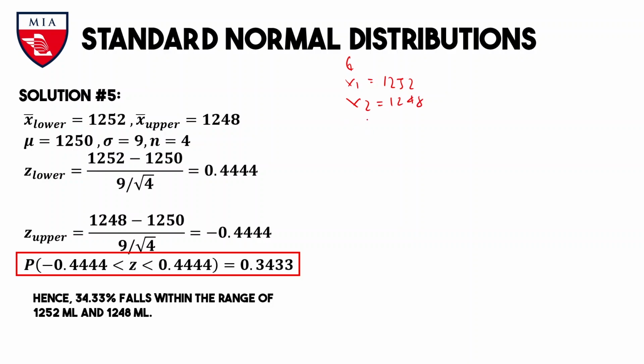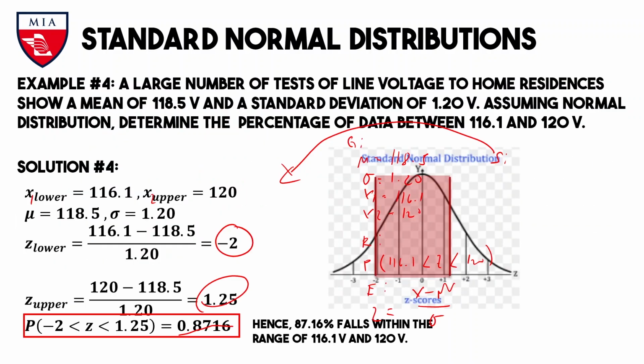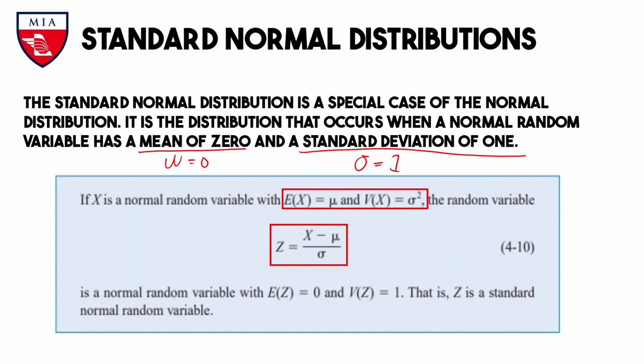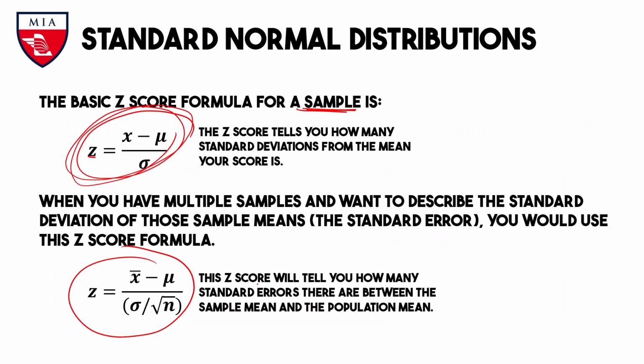Our mean is equal to 1250, our standard deviation is equal to 9 and our n is equal to 4. In this problem we will use the second formula here.